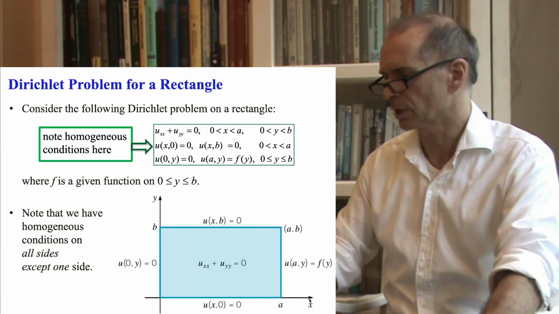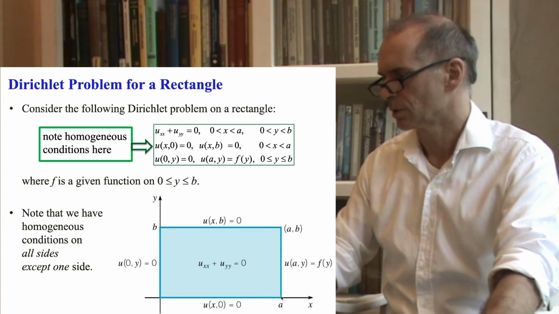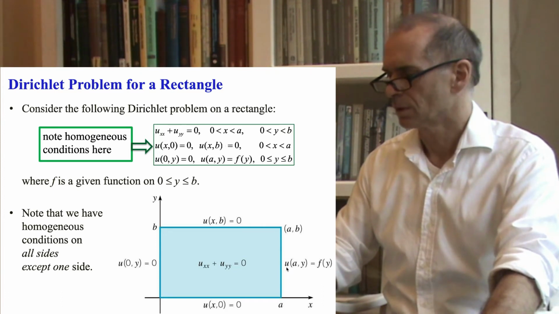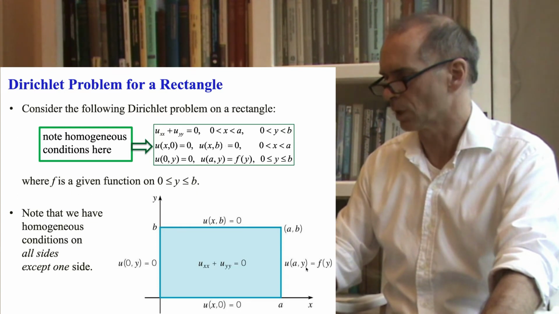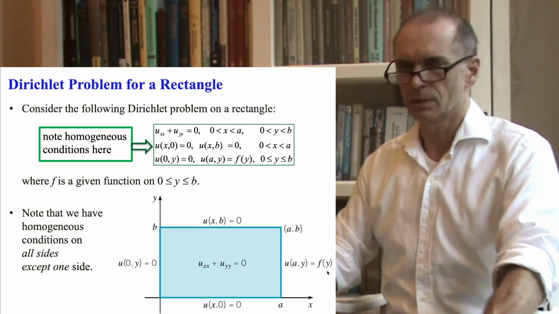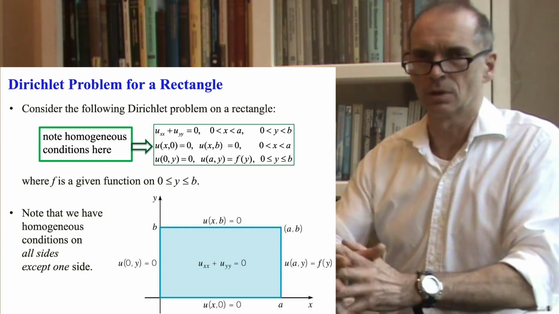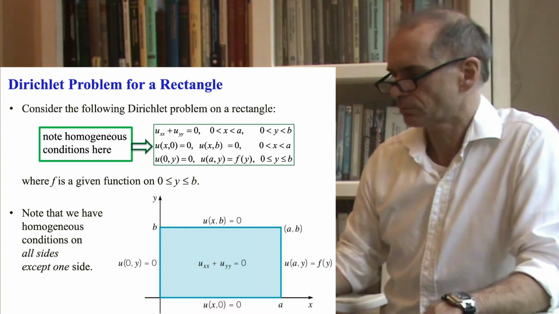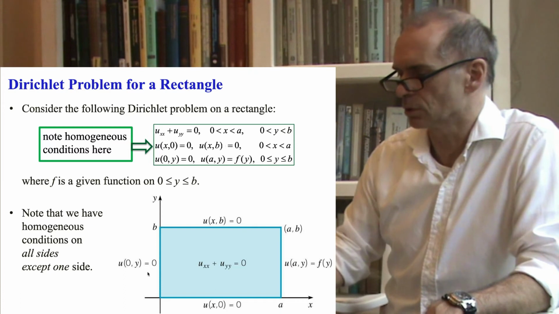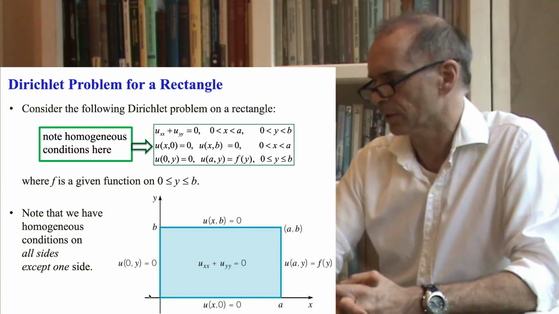For x taking the value a, this vertical side, there we prescribe that u of x and y, for x taking the value a, so along this side, takes a prescribed value, and that is that function f of y, because y is the vertical coordinate in this plane here.